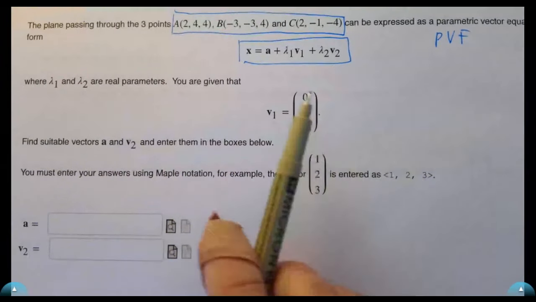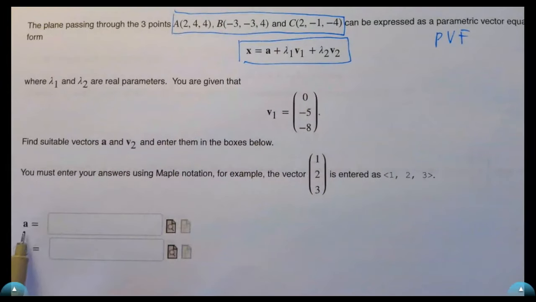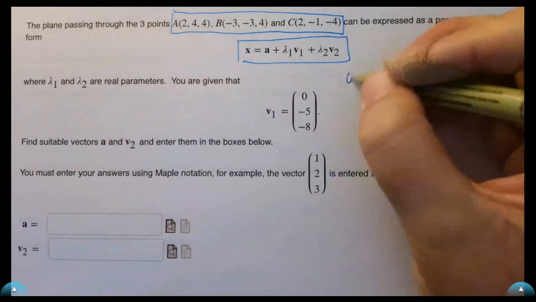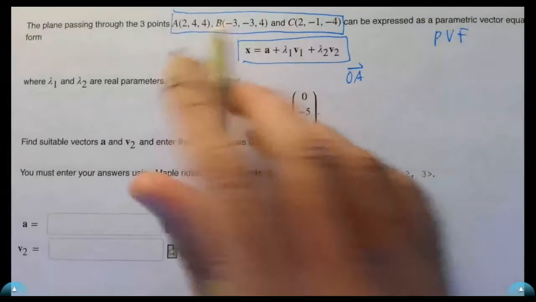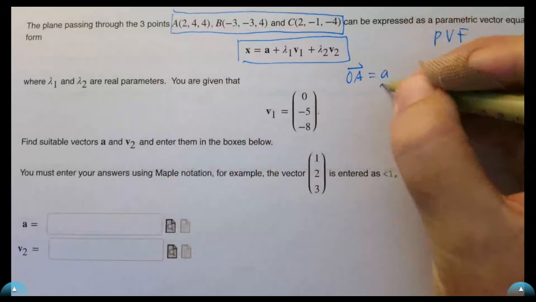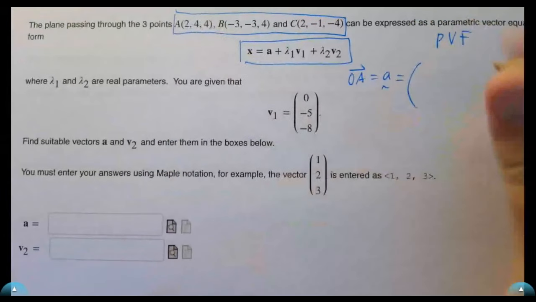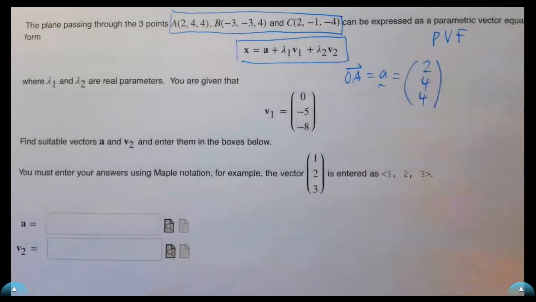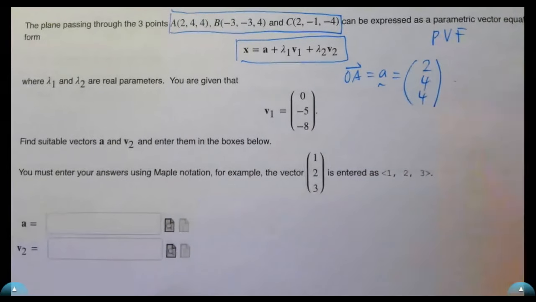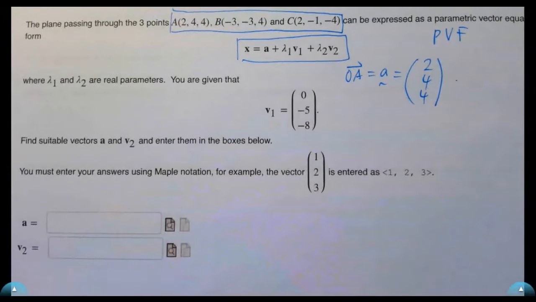Okay, so it's very easy to get the first part. We could just take the position vector of any of these 3 points, but I will take it to be the first point. So that's very easy. We'll just enter that down here. Now, what about the second vector?